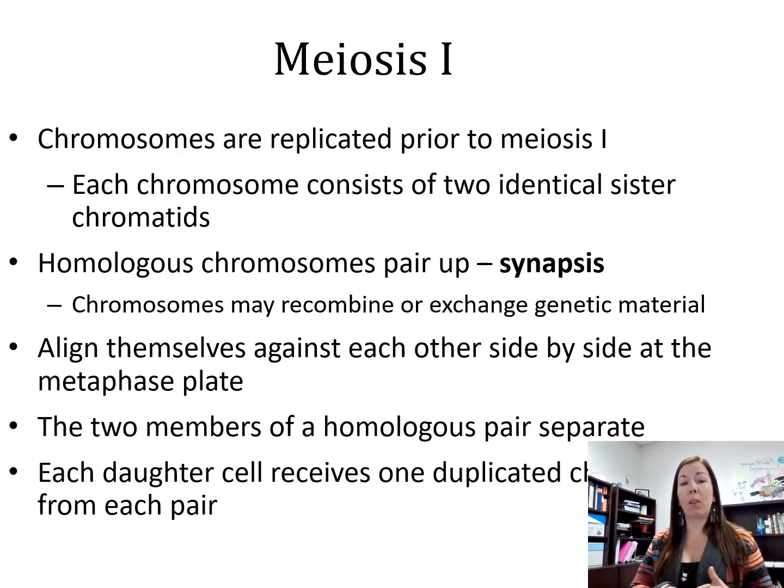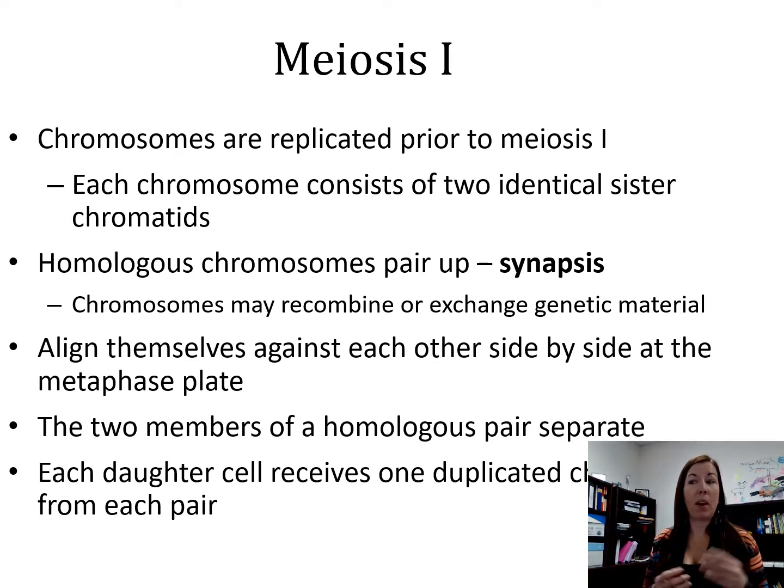During meiosis 1, chromosomes are replicated prior to meiosis 1. Each chromosome consists of 2 identical sister chromatids. Homologs actually pair up in a process called synapsis.